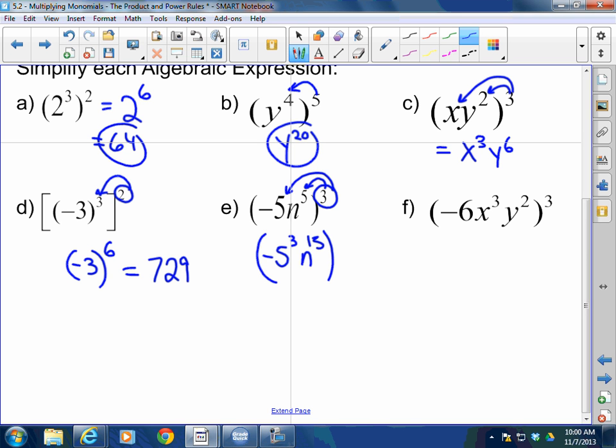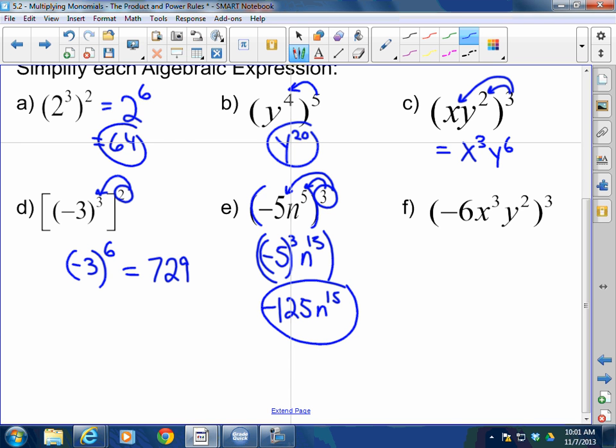This negative 5 cubed, is the 5 being affected or the whole negative 5 being affected? The negative 5, because it's inside of parentheses. So if you wanted to help yourself out, you could put that in parentheses. Negative 5 cubed is going to be negative 125, n to the 15th. Be careful with those negatives. That can really get you.